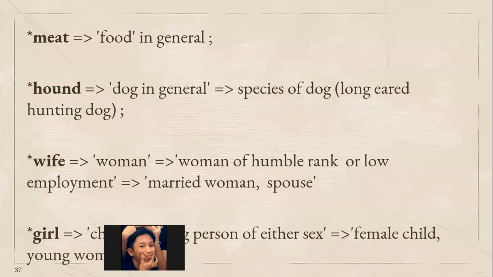Hound is the term that referred to all the breeds of dogs in general. But now it's a specific species or breed of dog. And the word wife referred to woman. But today, it refers to the spouse, the female spouse.